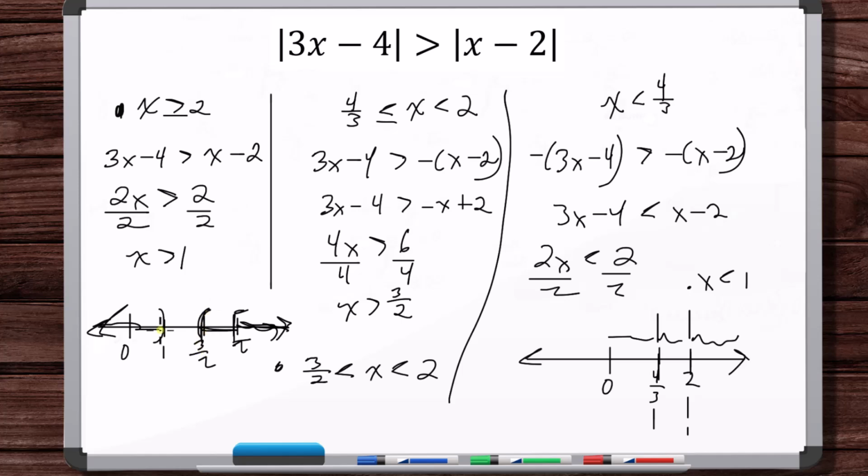So it's any real number except between 1 and 3 halves, including the endpoints. We could put this in interval notation: minus infinity to 1, not including 1, in union with 3 halves to infinity is the solution to this inequality.